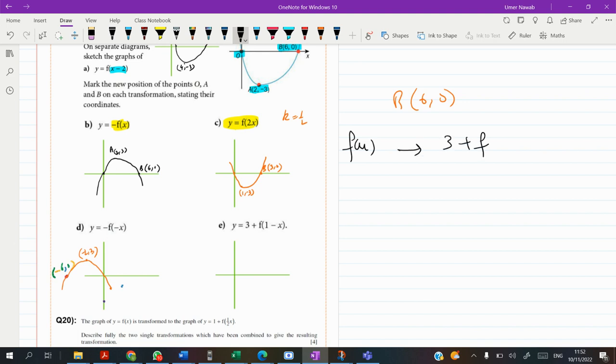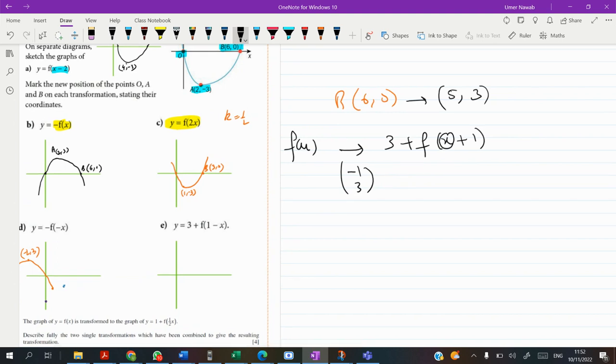It becomes 3 plus f of x plus 1. Okay, so can I do this translation? So when I do this translation, it tells you minus 1, 3. So minus 1, 3 will make it 6 minus 1 is 5, and 0 plus 3, so it reaches 5, 3. After that, I need to do a reflection about, I'm changing the sign of input.